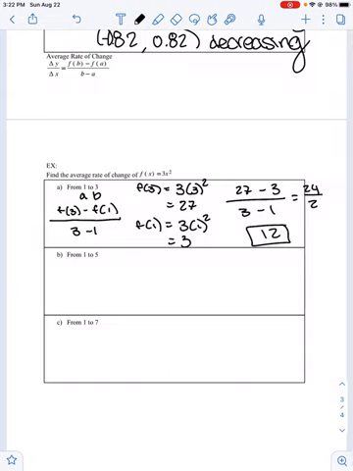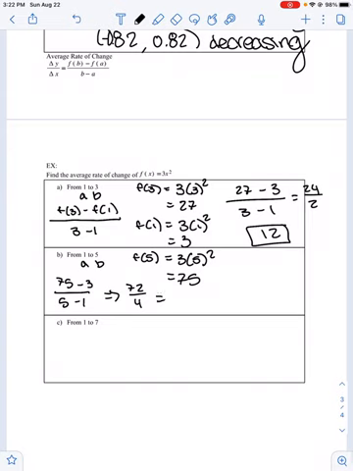Alright, and let's try the next from A to B. So now I just have to figure out what f of 5 is, because I already found f of 1. So 5 squared is 25, and 25 times 3 is 75. So 75 minus 3 over 5 minus 1, and that is 72 divided by 4, which equals 18.